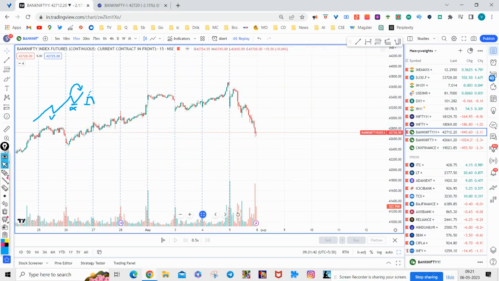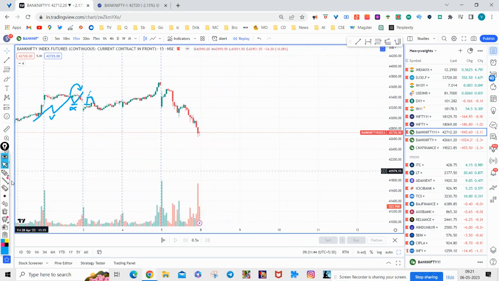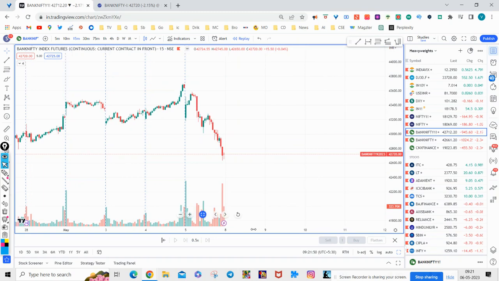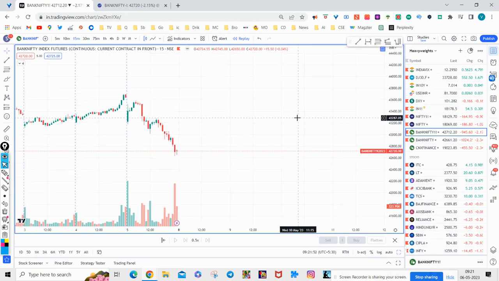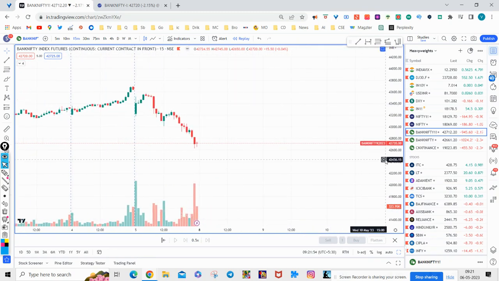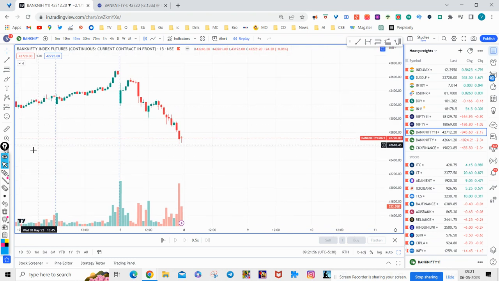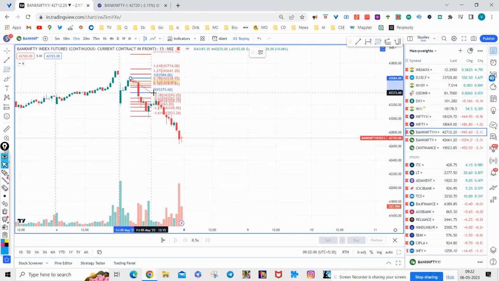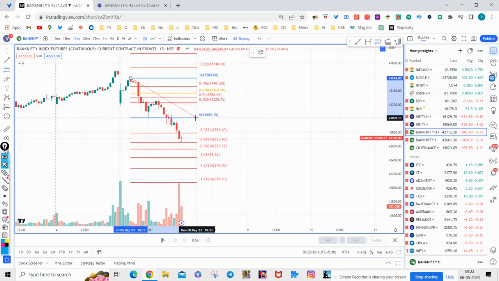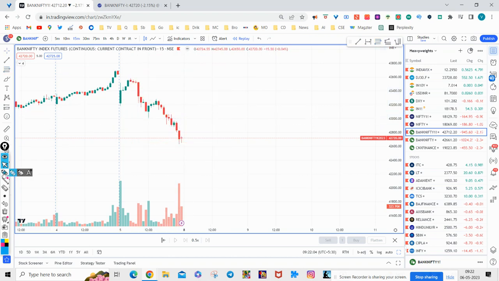For example, now I think this concept is at least clear. When the price within intraday gives you a swing high and swing low, for example, this high and this low, I'll just recreate this. Look at the price here.